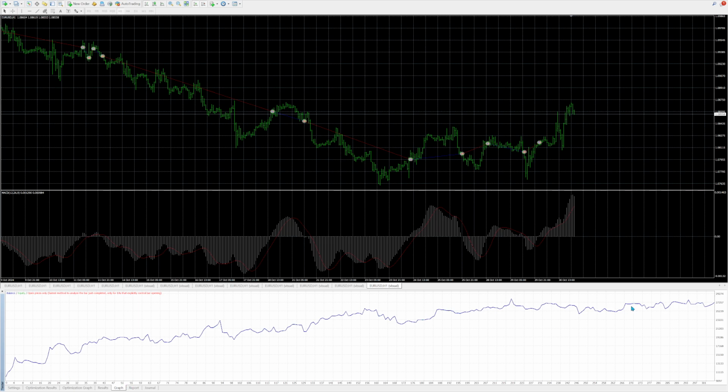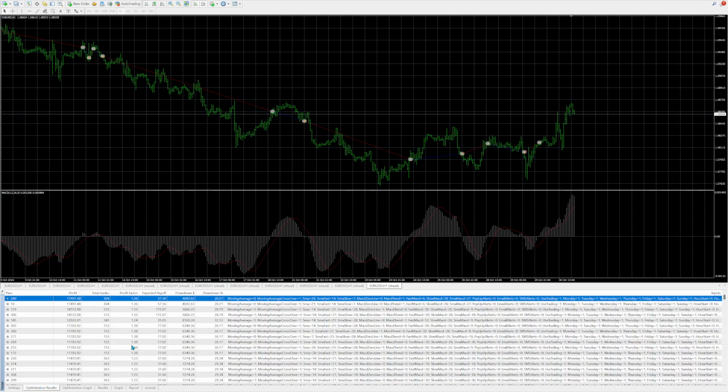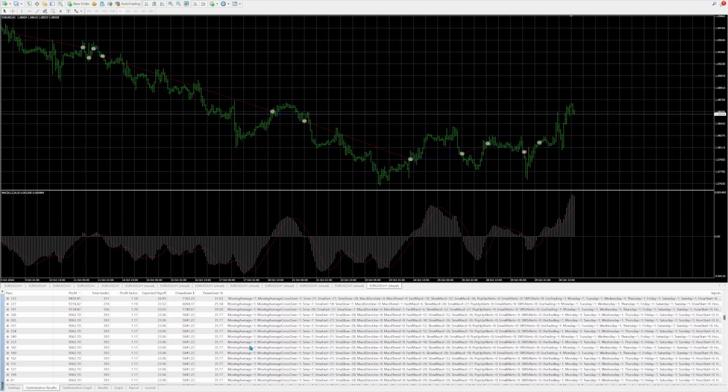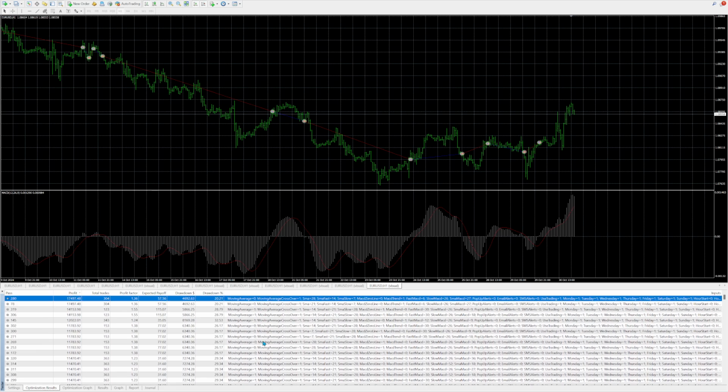We're not going to go, oh great, we've got this now, then this must be a good setting. Well, no, it's because we've done an optimization and we've coincidentally found some good settings for the data that we're using.